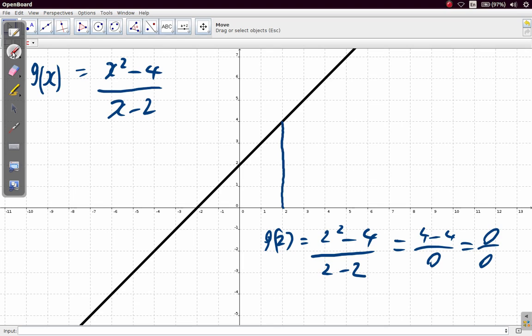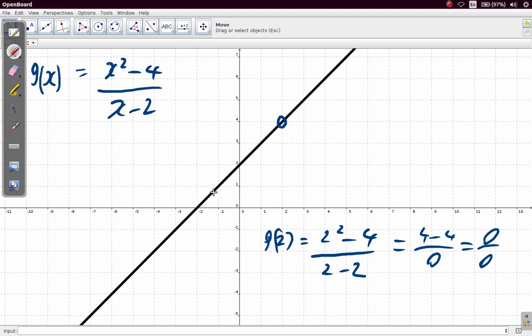So, when we found g of 2, we got an undefined answer. 0 divided by 0. Right? If you were plotting this graph using pencil, when you plot this point, you'd have to use an open circle.